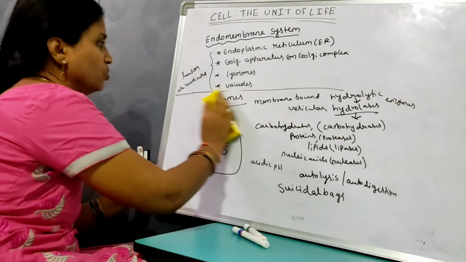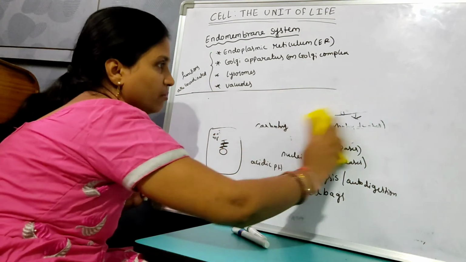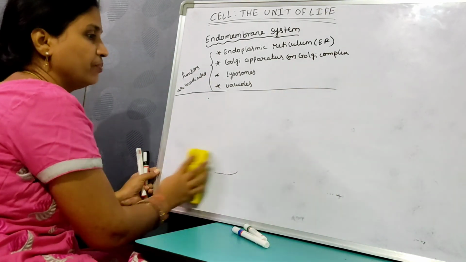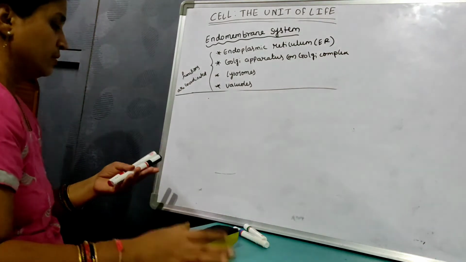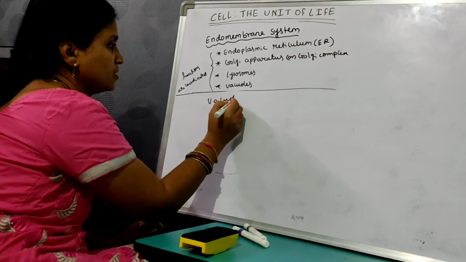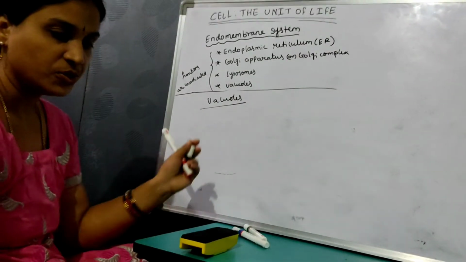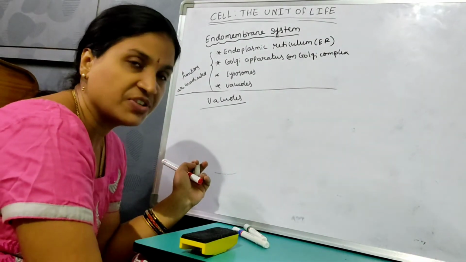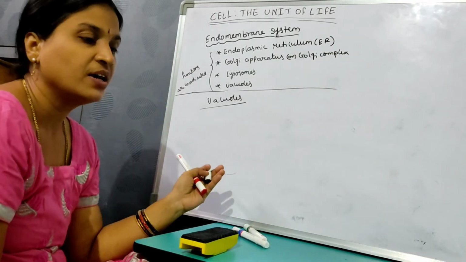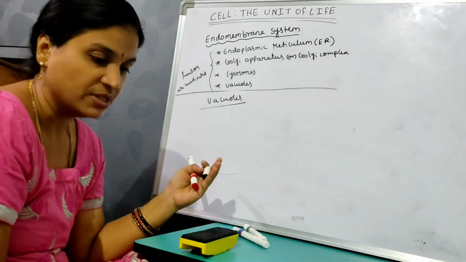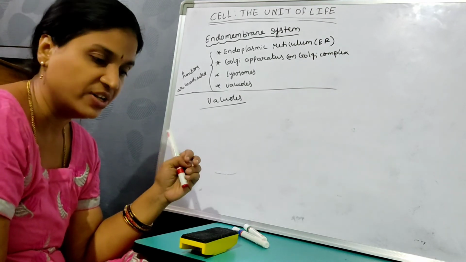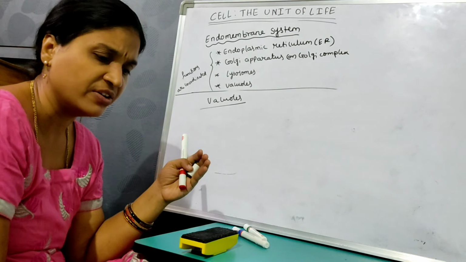Coming on to vacuoles. Vacuoles are also membrane bound spaces found in the cytoplasm. In plants, bigger vacuoles are present compared to animal cells, and these vacuoles have water, minerals, excretory materials, secretory materials, and waste materials.